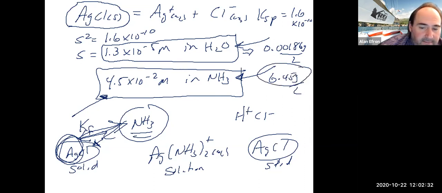So you can see in ammonia you could dissolve a tremendously greater amount of silver chloride than you can, obviously, in water. In water, you could only dissolve not even 0.01 grams. You could do about 6 grams of it in ammonia. So that's why it's very, very soluble in ammonia in this particular case.